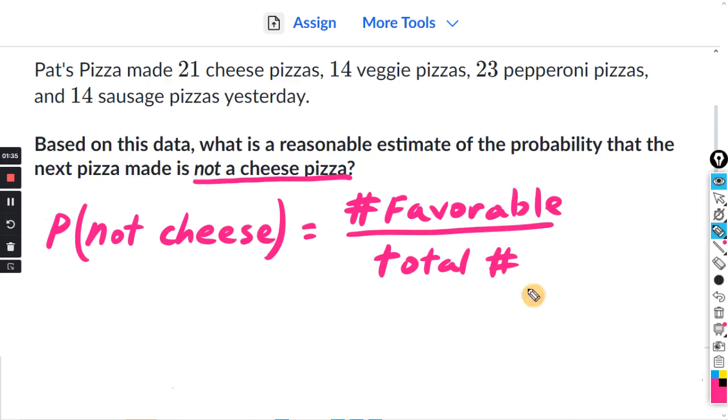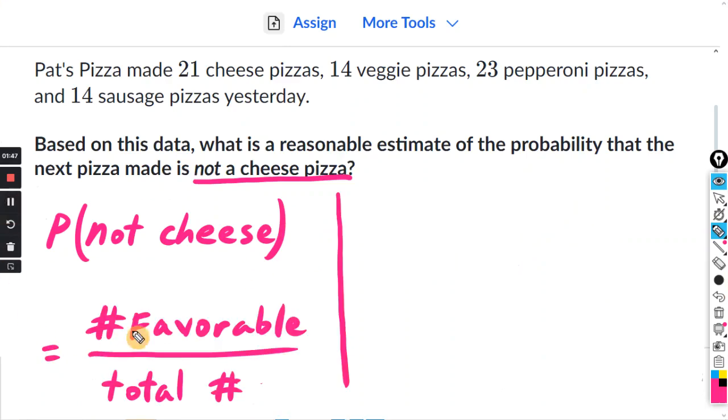So for this problem, let me rewrite this cleaner. In the numerator, it's the number of favorable outcomes. The favorable outcomes are the ones that are not cheese. So how many are not cheese?